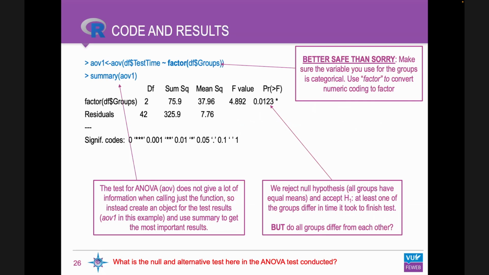It means that at least one of them is different from the others. So there is a difference. It might be that two of these, let's say beginner and intermediate, means are quite close. But if the advanced mean is very different from the two, then ANOVA will still reject the null hypothesis.